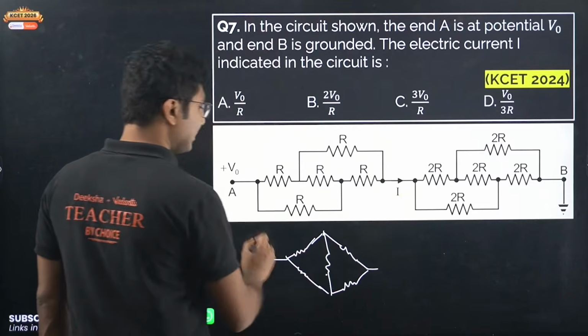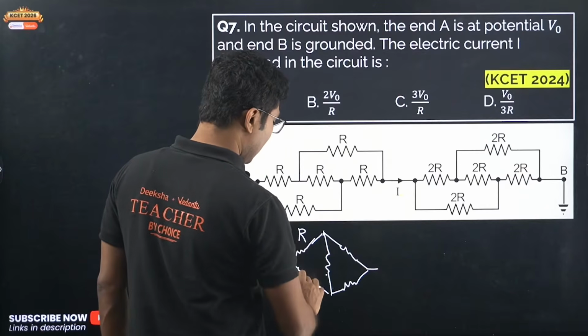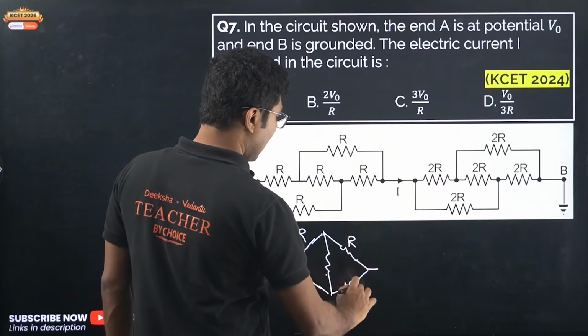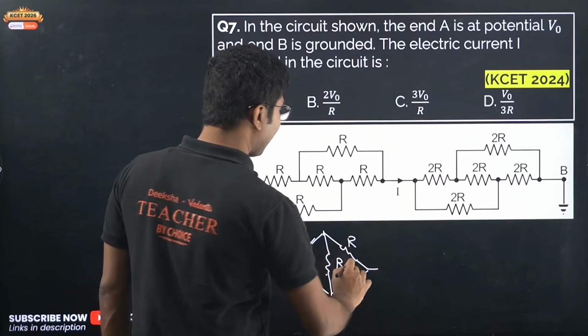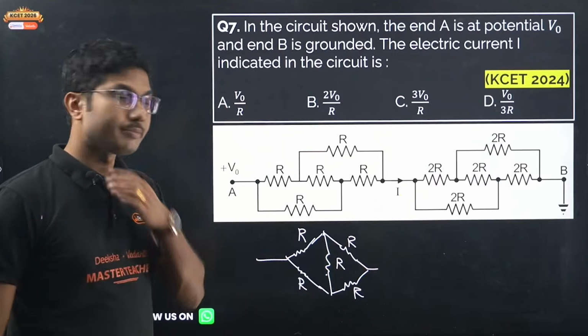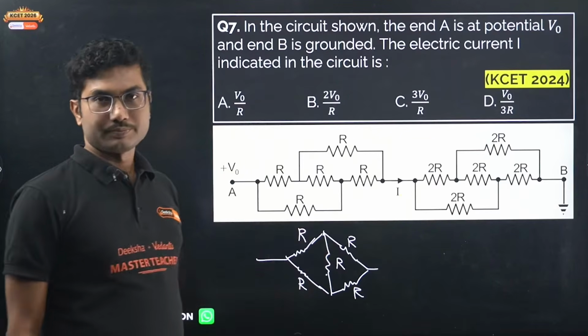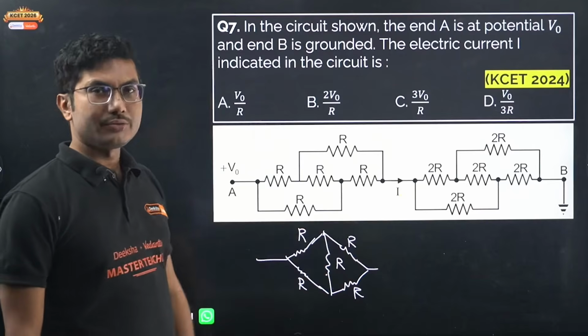So this is a Wheatstone bridge. All the resistances are R. Is it a balanced Wheatstone bridge? Definitely, because R by R equals R by R.